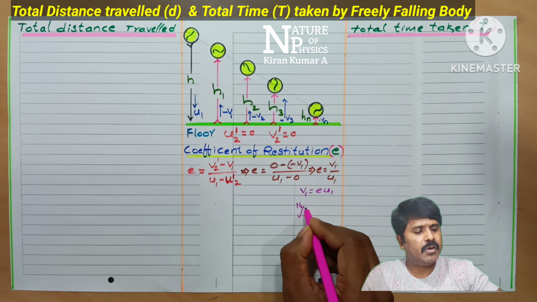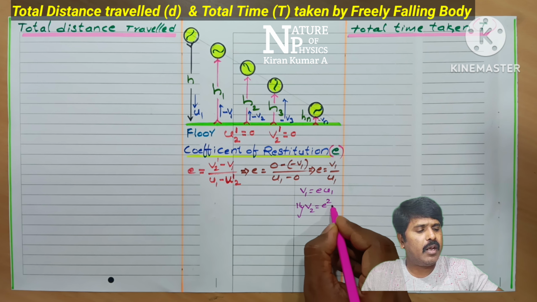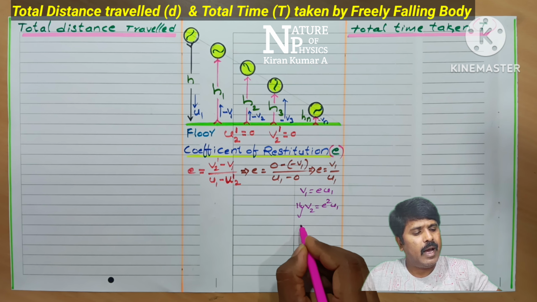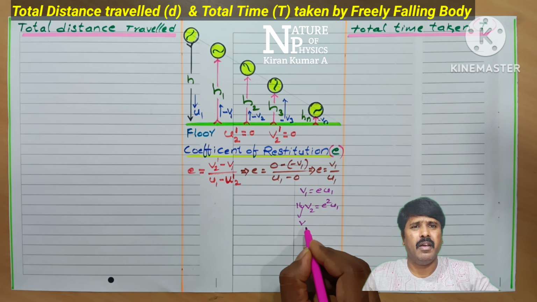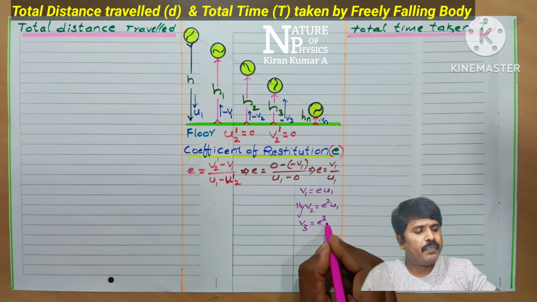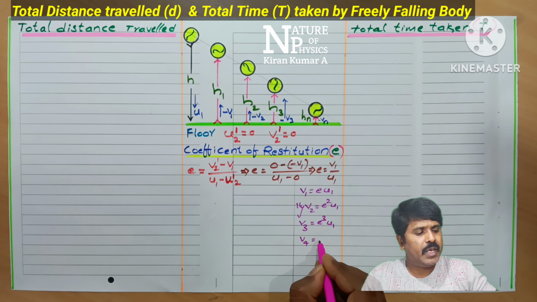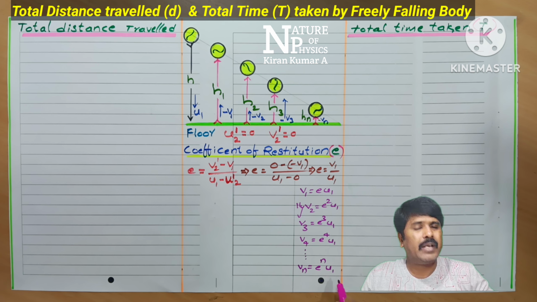Similarly we can write v2 equal to E square into u1, v3 equal to E cube u1, v4 equal to E to the power of 4 u1, and so on, vn equal to E to the power of n into u1.